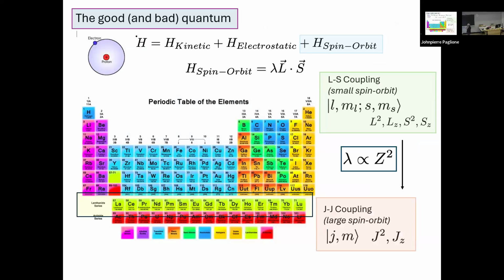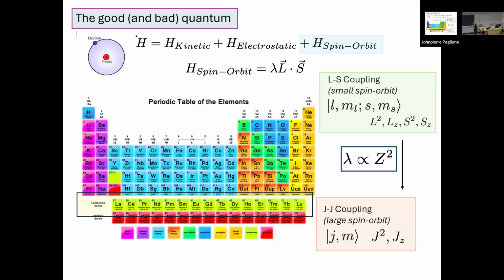So if you plug this into your typical Hamiltonian where you've got electrostatics, kinetics, and so on, plus spin-orbit, what this means is that you have kind of two big regimes of the periodic table. You've got up here where Z is small, so spin-orbit coupling is kind of a weak effect. And then you have way down here where spin-orbit coupling is the biggest deal.